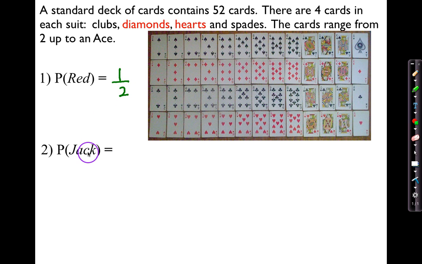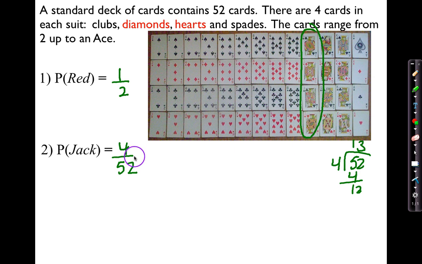Okay, so now what's the chances of me getting a jack? Well, there's a total of 1, 2, 3, 4 jacks, okay, out of a total of 52 cards. So now please make sure you reduce. I'm going to check if we can reduce 52 by 4. Let's see, 52 divided by 4. Does that work? Yes, it does.